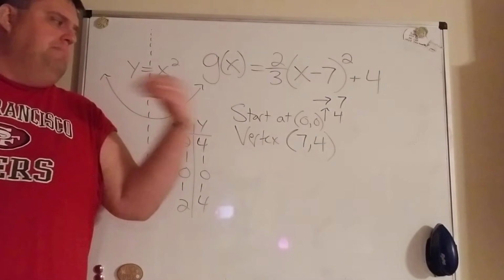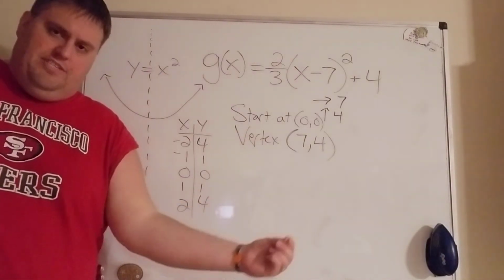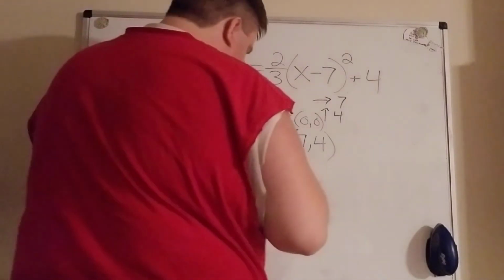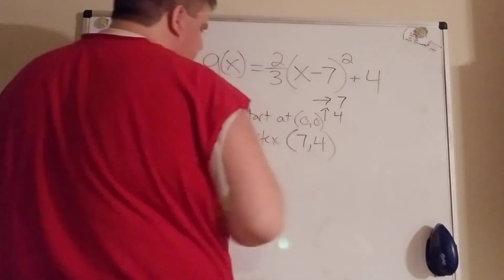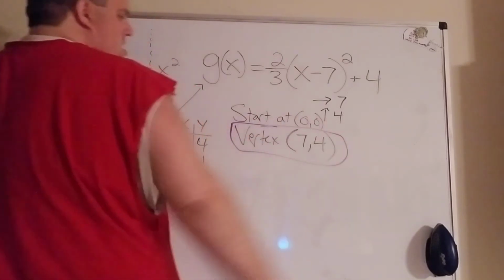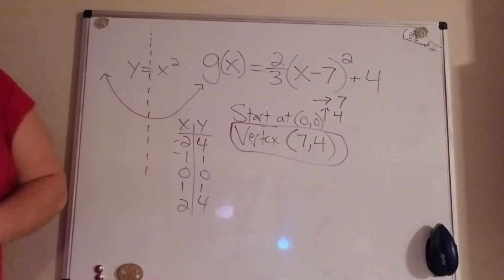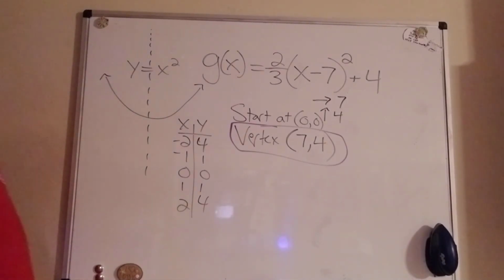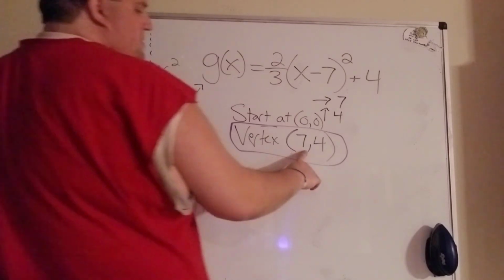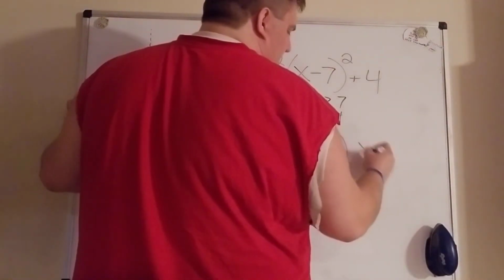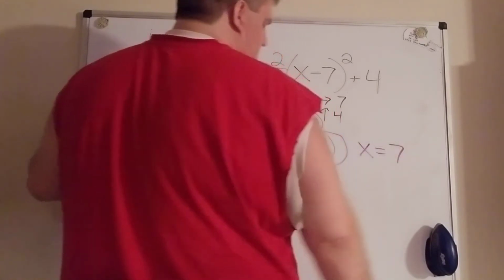So sometimes it will ask you, where is the line of symmetry for this parabola? Well, the key to that answer is the vertex, right? My vertex is going to tell me exactly where my line of symmetry would be. Because if it is at 7 for this one, it's going to be the line x equals 7.